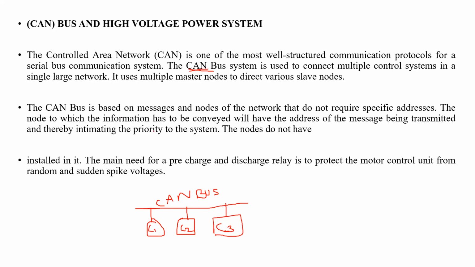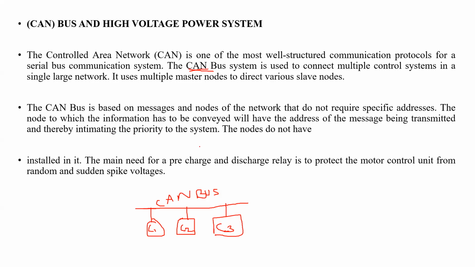So the control area network bus is based on messages. Nodes of the network do not require any specific address; the node to which information has to be conveyed will have the address of the message being transmitted, thereby indicating the priority.